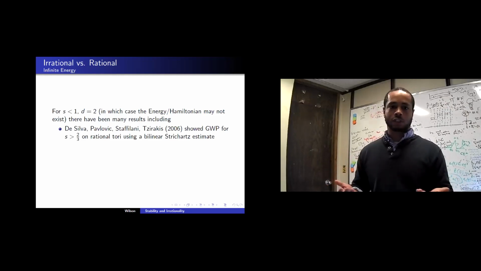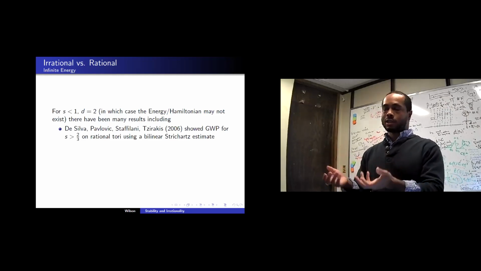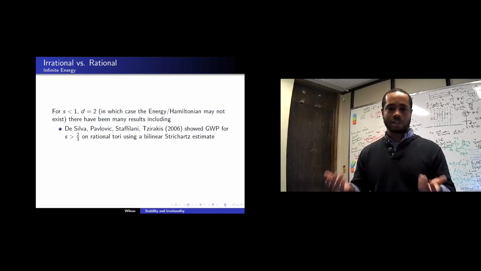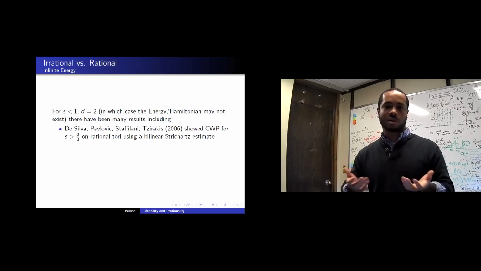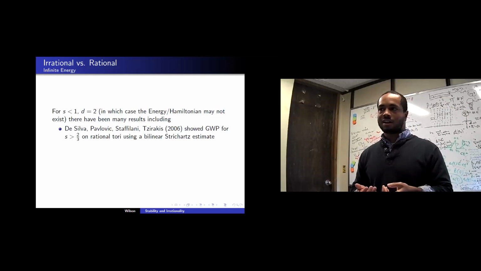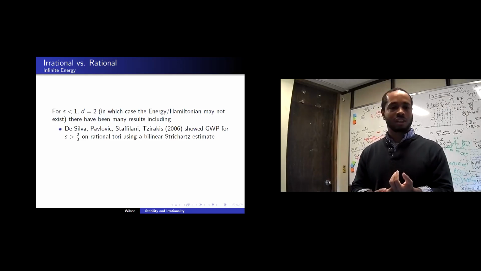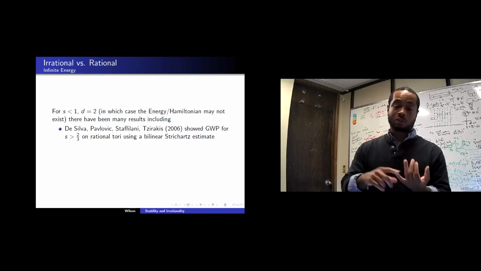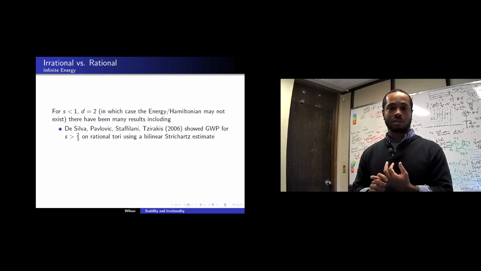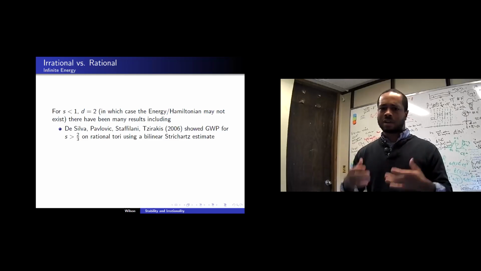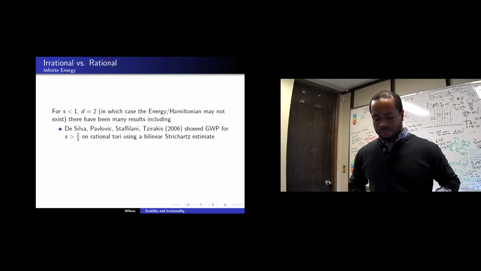So you can have points in phase space for which the Hamiltonian is not finite, which destroys a little bit of your intuition, but it also destroys your structure that you're relying on to show, for one, integrability from Zakharov and Shabat, but also other nice dynamical properties of a system.